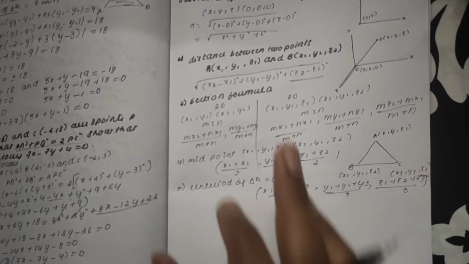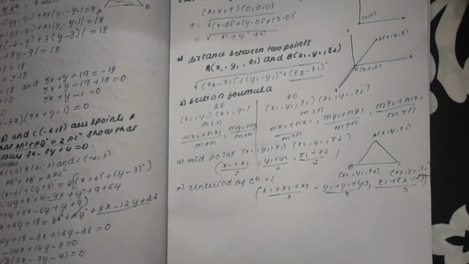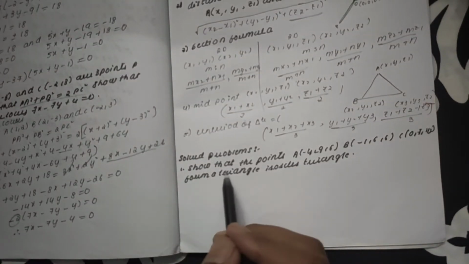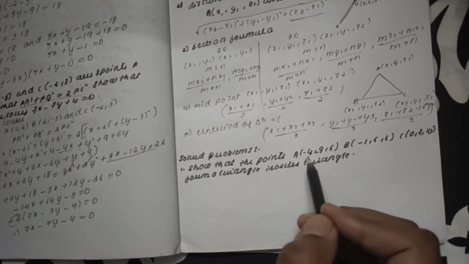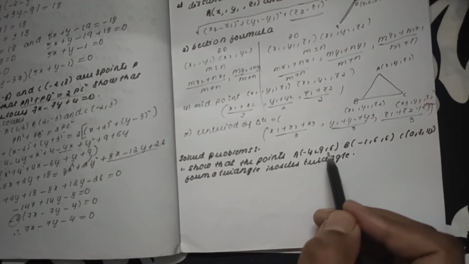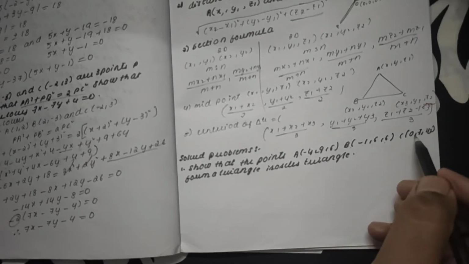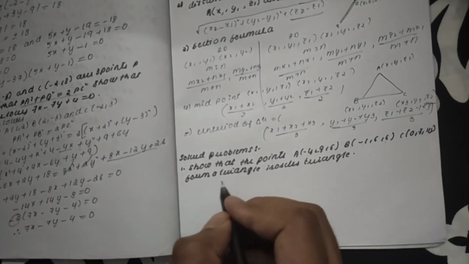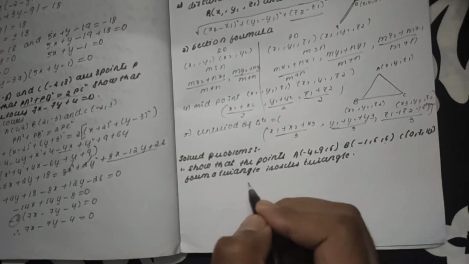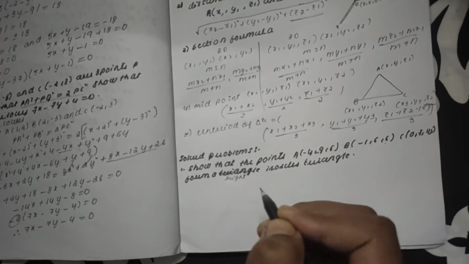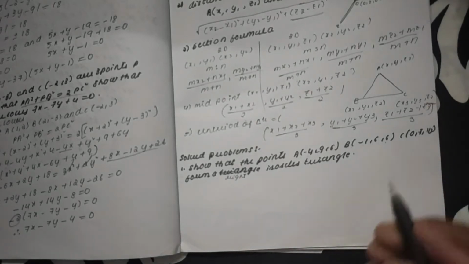With these formulas, let's solve a few example problems. The first example of solved problems goes like this. Show that the points A minus 4 comma minus 9 comma 6, B minus 1 comma 6 comma 6 and C 0 comma 7 comma 10 form a right angle isosceles triangle.